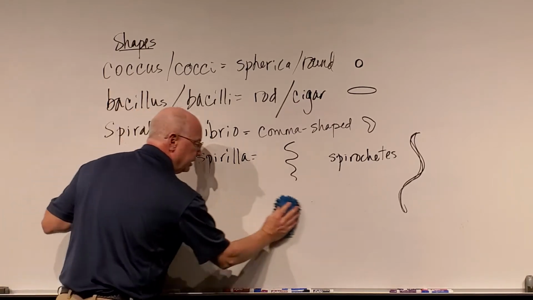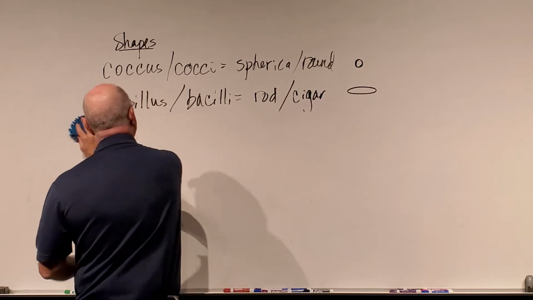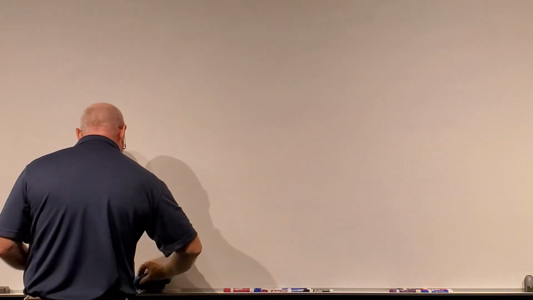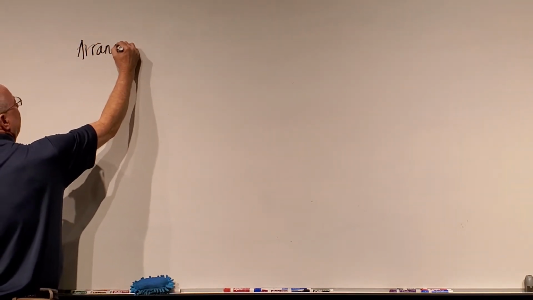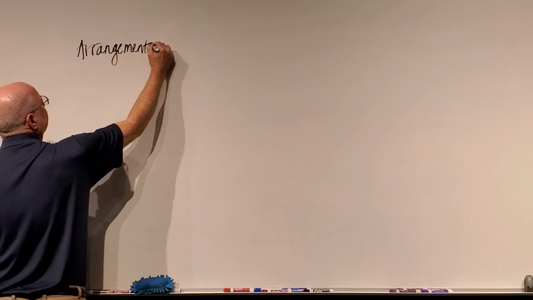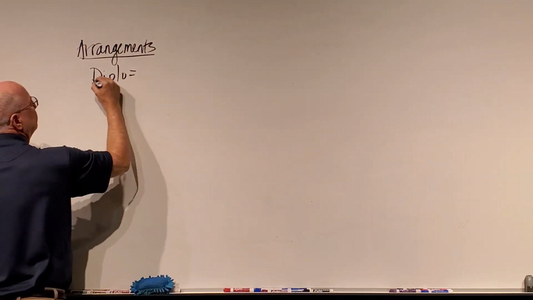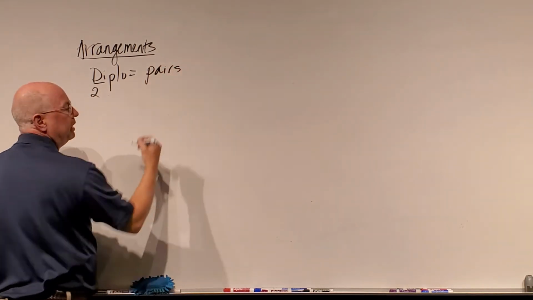Now, once we understand what the shapes are, one of the things that we can talk about is the arrangement of these bacteria within their shapes. So when I talk about arrangements of bacteria, I'm talking about how do they group together, okay? So anytime we use the term diplo, di means two, so diplo means that they are in pairs.